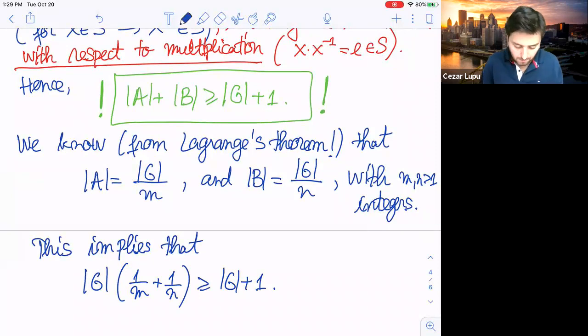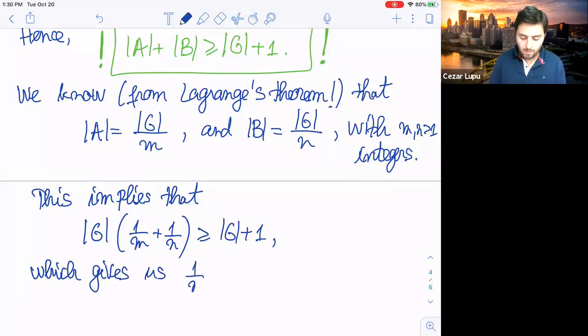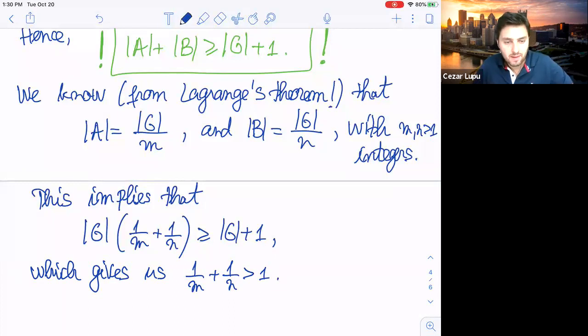So this gives us that 1 over M plus 1 over N is strictly greater than 1. But this is a contradiction.